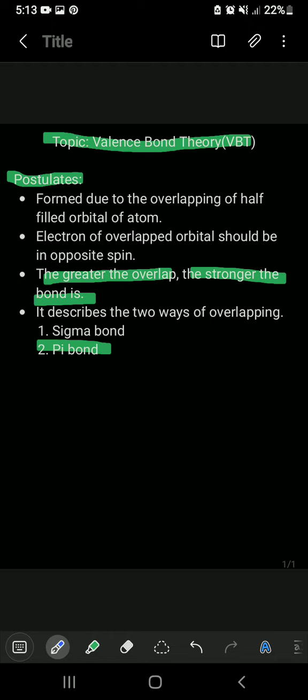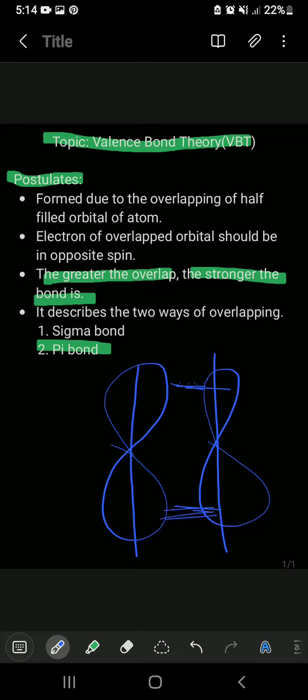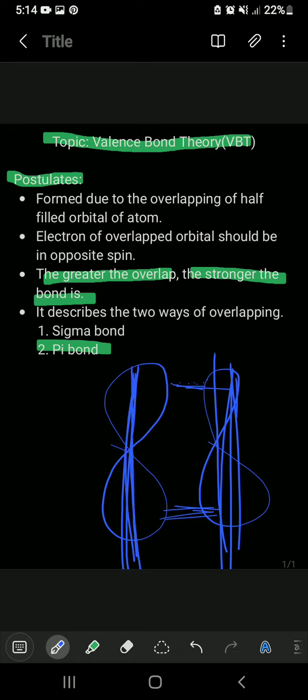Now if we discuss the pi bond, this is the y-axis, double. They do not overlap exactly, they overlap by the connection between both. So this type of overlapping is called parallel overlapping, or pi bond. Pi bond always makes parallel bonding.